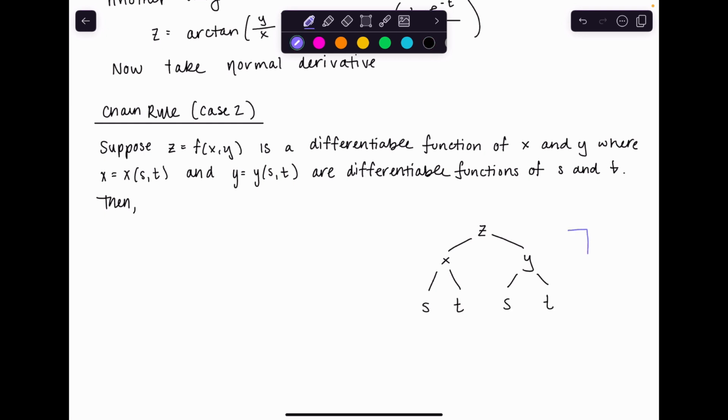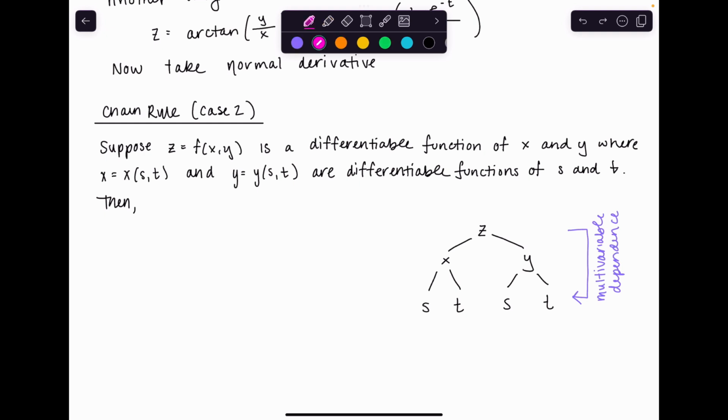So ultimately with this, I'm going to be taking partials of z with respect to s and t because I've got multivariable dependence. Okay. So if I want to get down to my derivative with respect to s, I've got, again, 2 paths that I have to take. And then likewise, if I want to get down to t, I've got 2 paths that I have to take.